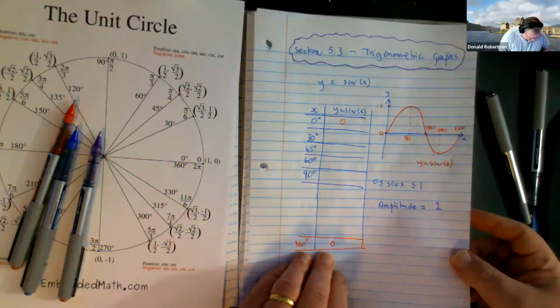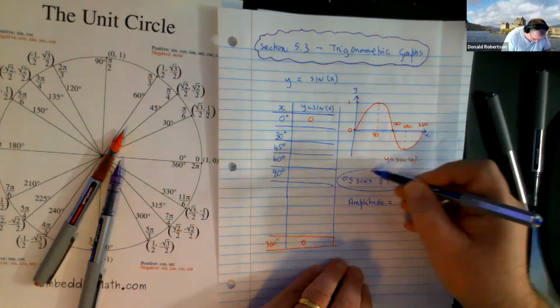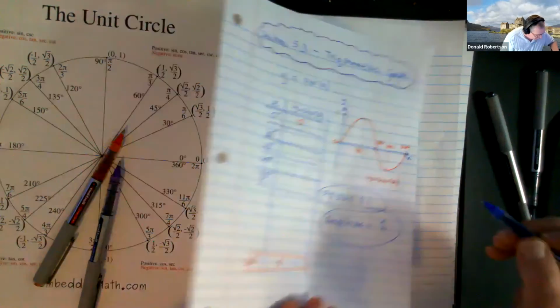So let's do some. I won't go into Desmos because I want some notes and we have to write things so that you've got a permanent copy of this. So what we've got right now is that the sine function is between 0 and 1, and that's its amplitude.